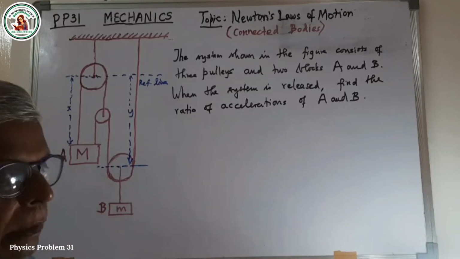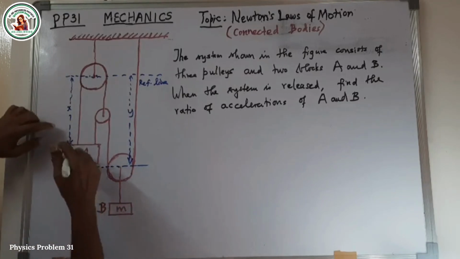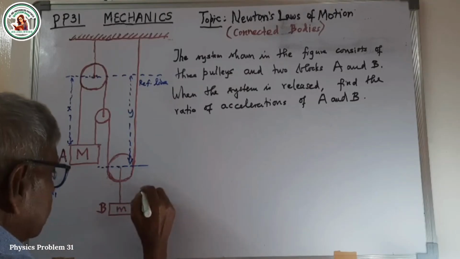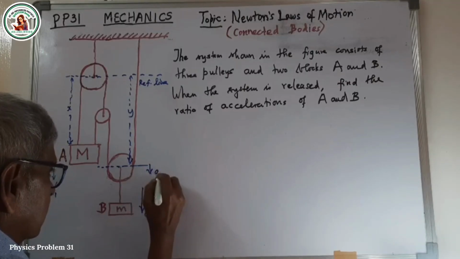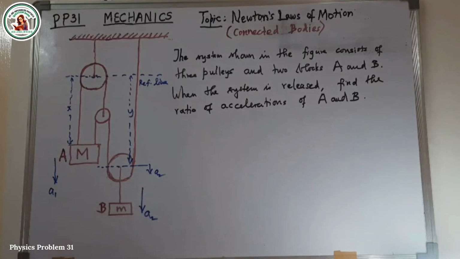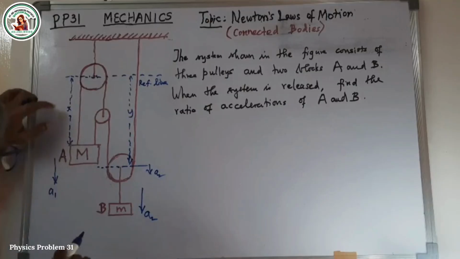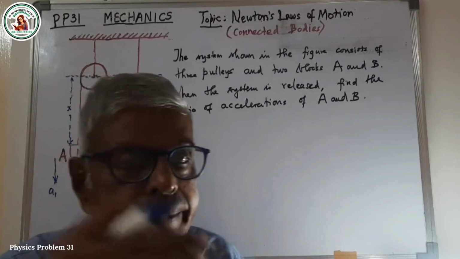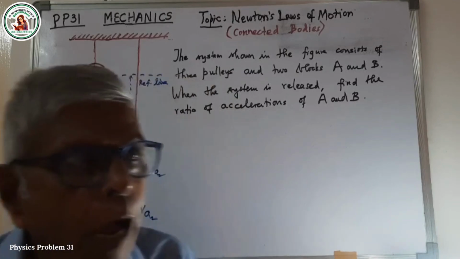We now mark the accelerations as A1 and A2. A1 we mark like this, and A2 like this. This point also will have the same acceleration A2. Now we use a little bit of calculus: the first derivative of the displacement gives the velocity, and the second derivative, d2x by dt square, will be the acceleration.